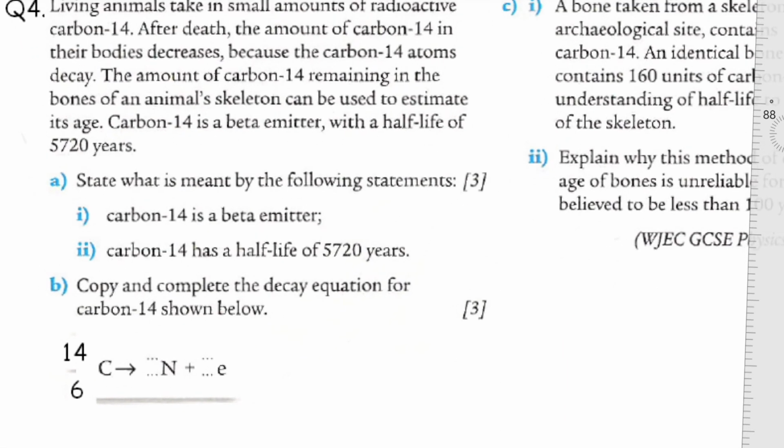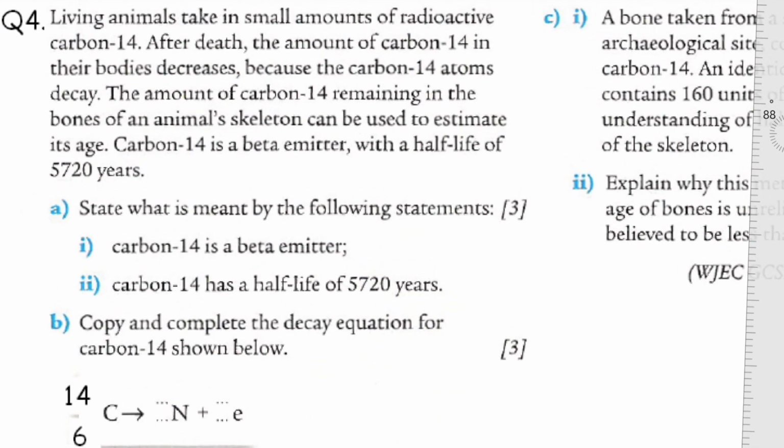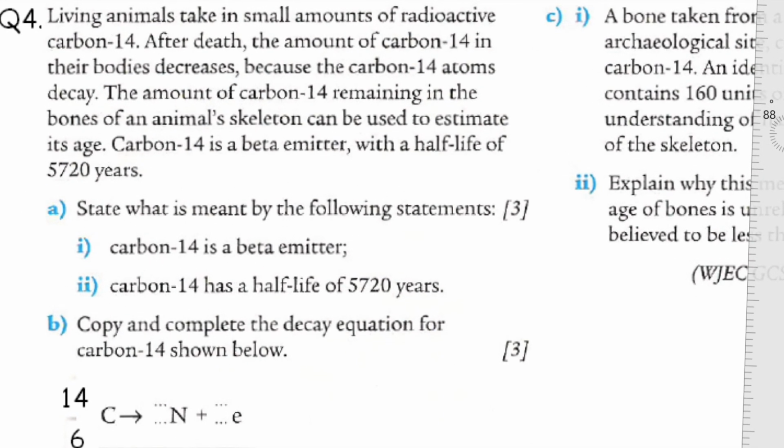Okay, so part A, state what is meant by the following statements. Carbon-14 is a beta emitter. Again, I'll speak the answer and you check against your answer. Carbon-14 is a beta emitter. That means when carbon-14 decays, it emits a beta particle, which is a fast moving electron.